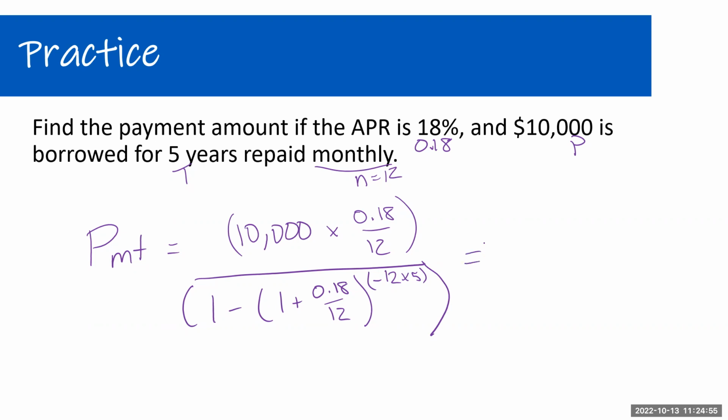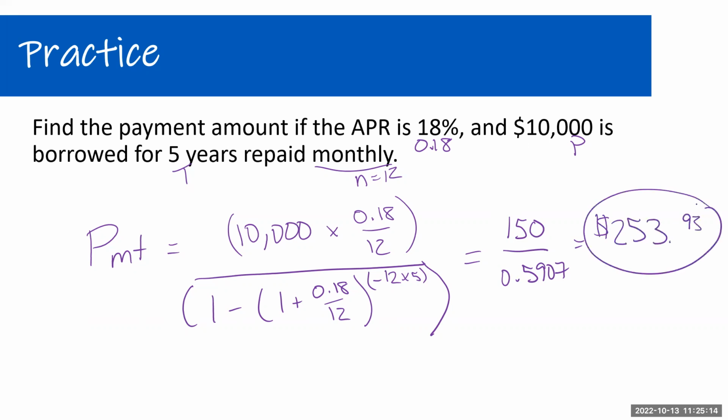Plugging this into our calculator, if you want to spot check yourself midway through, you're going to get around 150 over 0.5907, which is going to give us a monthly payment of $253.93. So make sure that you can calculate and get this answer.